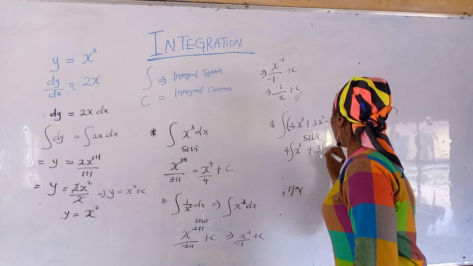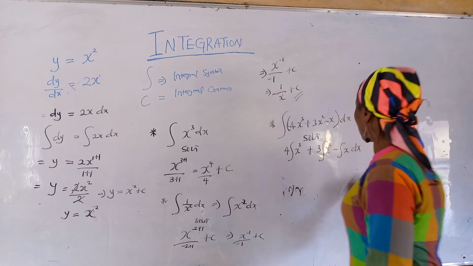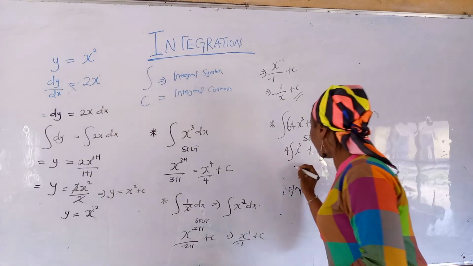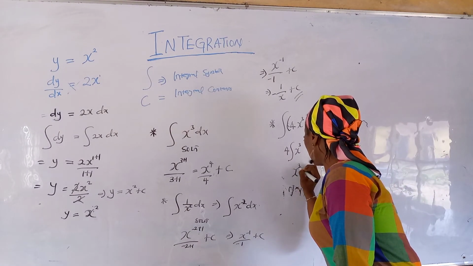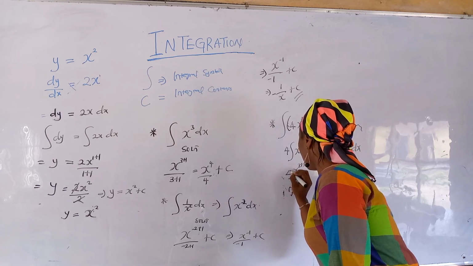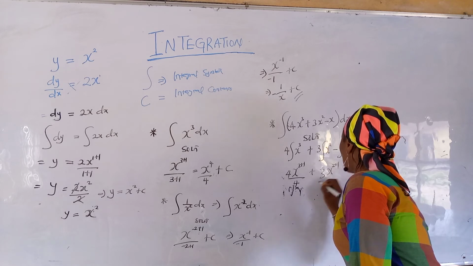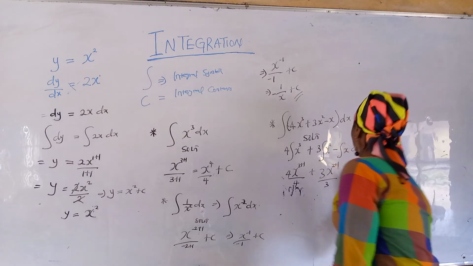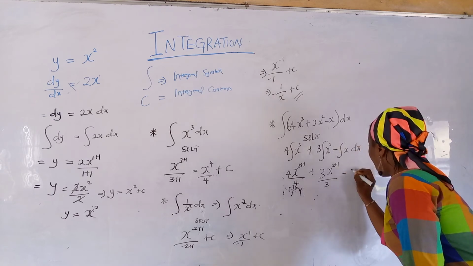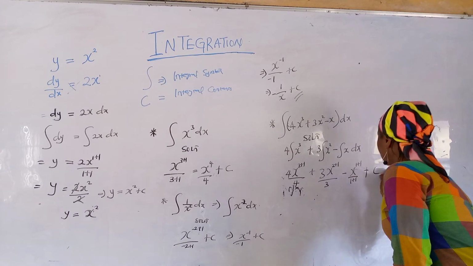Plus 3 times the integral of x squared, minus the integral of x dx. I'm integrating them individually, so x cubed, adding 1, will be x to the power 3 plus 1 all over 3 plus 1, plus c.